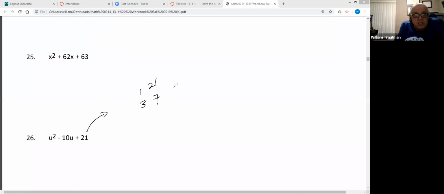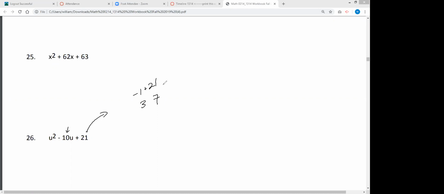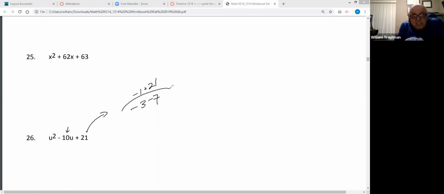Can I get a negative 10? 21 minus 1 is 3 minus 7. Yes. If you put negative 3 minus 7 in your calculator, you get negative 10.